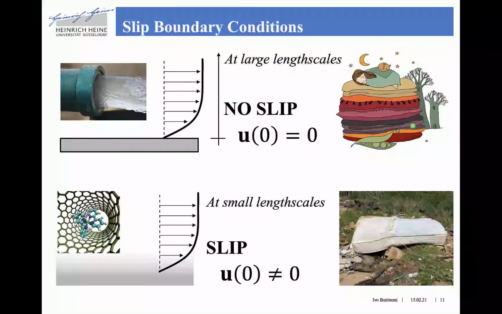Now, what happens in these interfacial layers of small but finite thickness is irrelevant if we look at macroscopic effects, such as the flow of water in an industrial pipe. However, it becomes paramount for microscopic and nanoscopic channels or micro and nanoparticles, and is able to lead to the breakdown of the no-slip boundary condition.